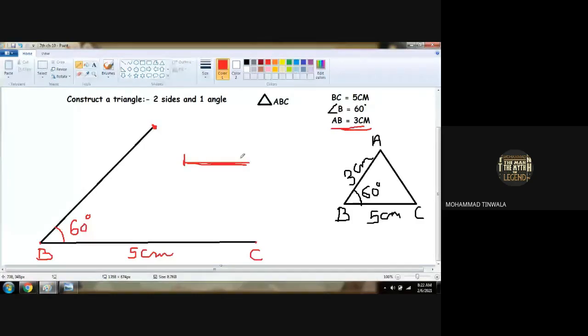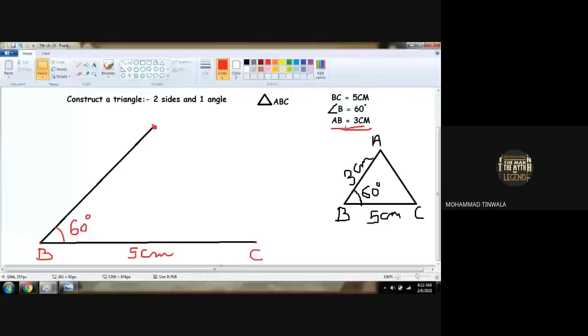Why 3 centimeter? Because the line segment we have to take is 3 centimeter. So we put the pointer at point B and draw an arc exactly at 3 centimeter on this line segment AB.